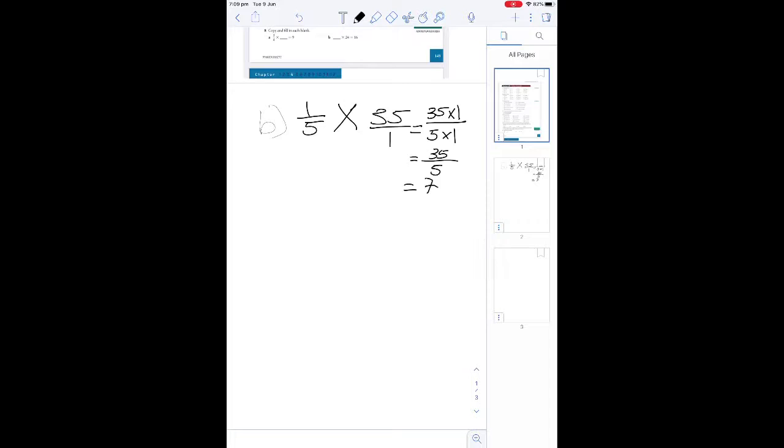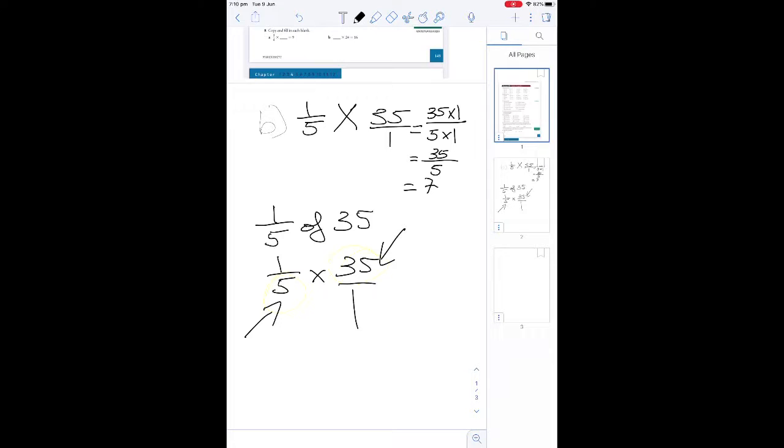But the easier way of doing it, if you had a fifth of 35, is to see both of these numbers are diagonal. When I say diagonal, what I mean is if I put it over 1 like I did prior, the denominator and numerator of these two fractions are both divisible by 5.